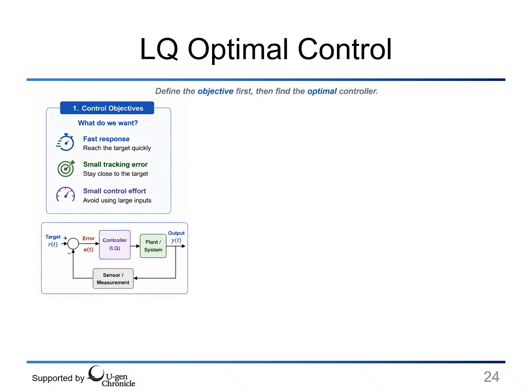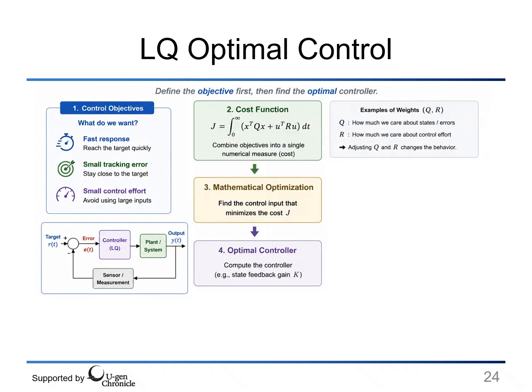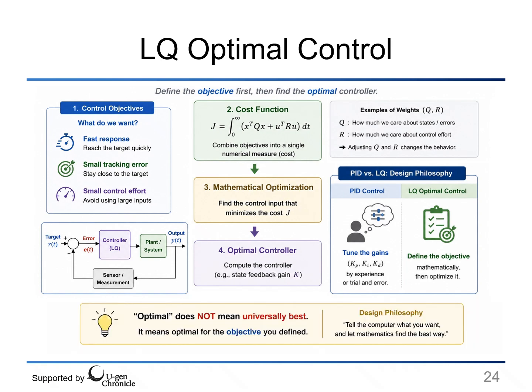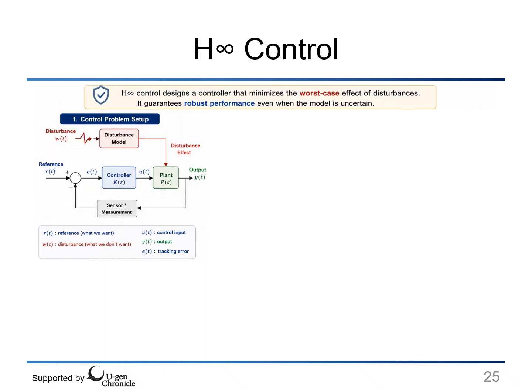These objectives are combined into a cost function. Then, optimization is used to find the controller that minimizes that cost. Notice something important. Optimal does not mean universally best. It only means optimal for the objective that you defined.